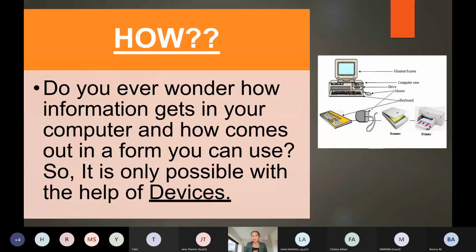So, do you ever wonder, class, how information gets in your computer and how it comes out in a form you can use? Remember that the computer does not recognize letters, numbers, and of course images.